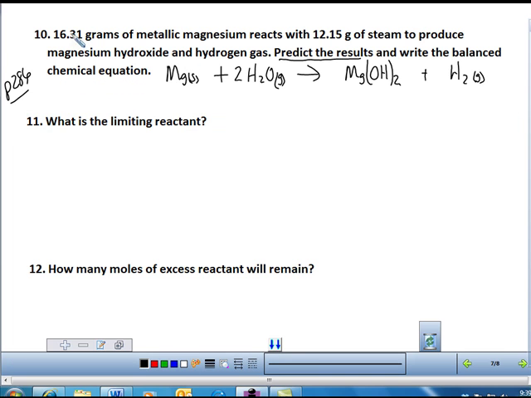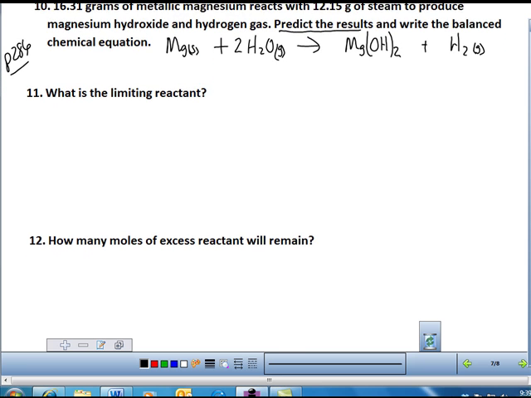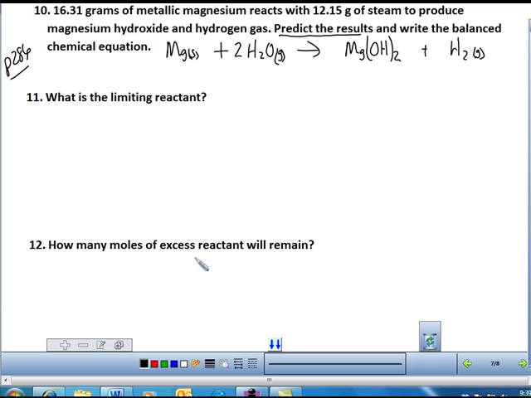We're going to take grams of metallic magnesium to moles of magnesium, grams of water to moles of water, okay? And then eventually we're going to calculate how much extra we have, okay?